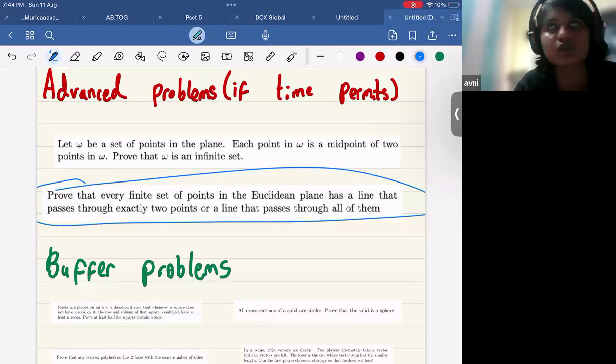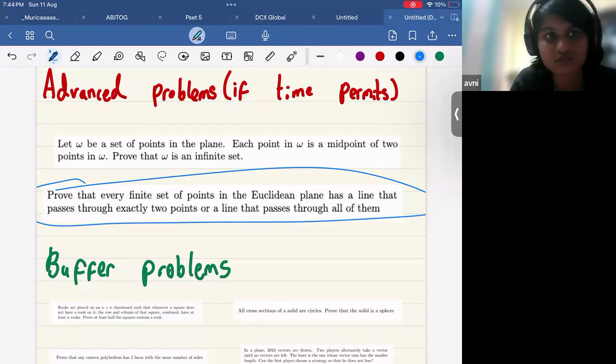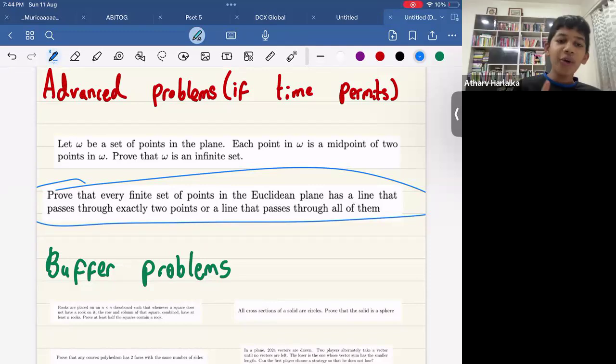You can just assume that all lines contain three or more points, but not all of them. Okay. Also, Bhairav, there is a slight mistake in your proof. I'll message you later with the mistake. Just think about it for a short while, but it's wrong.